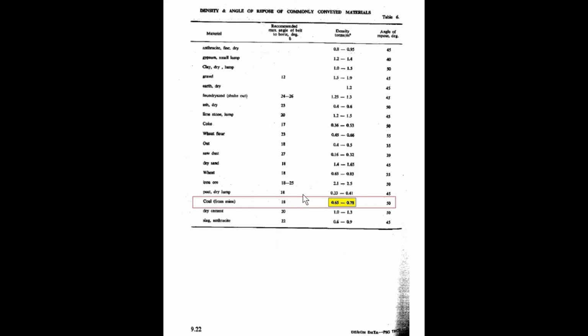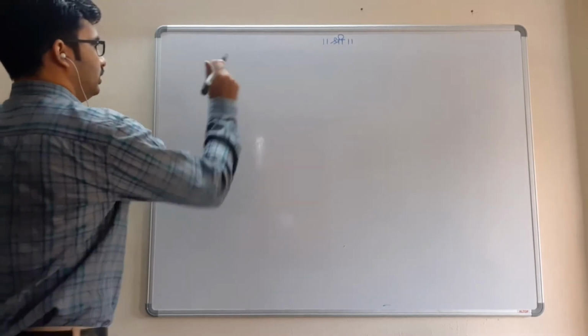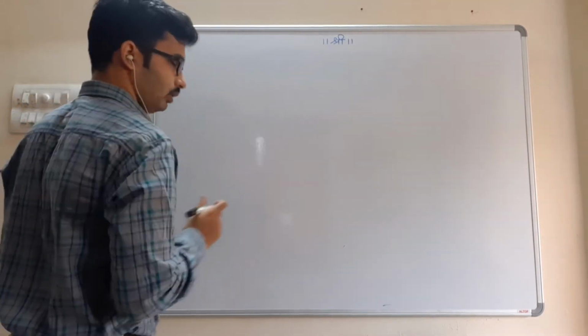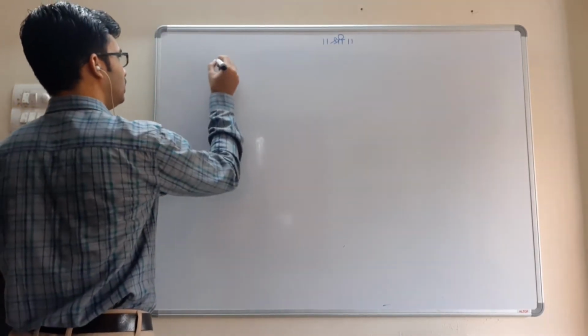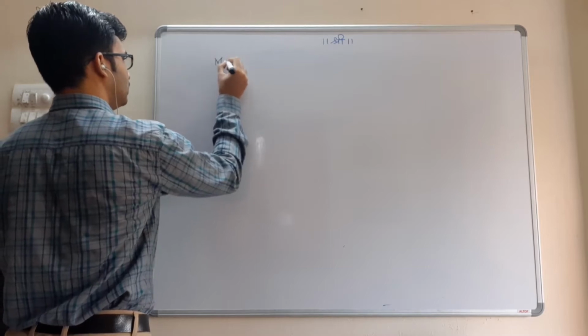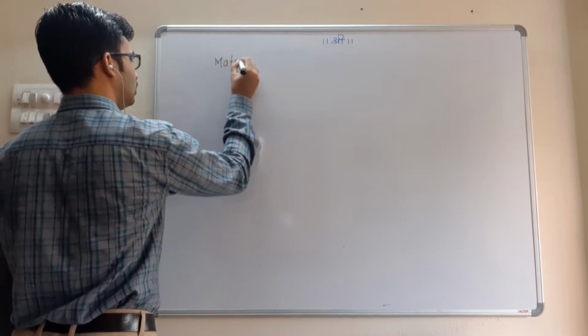But if it is not given, we will refer to this table from PSG 9.22 and we will consider it as 18. So this is your problem statement. In this one, the missing data was the material, which was given as coal.